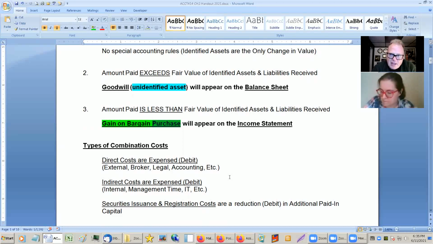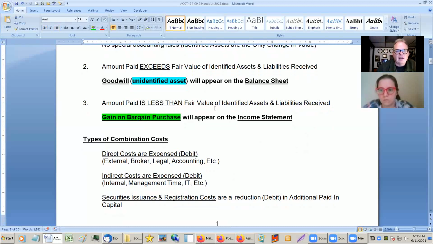But this is that on a purchase, you can recognize a gain. So for old folks like myself, this is like it would be a fraud if you recognize the gain on a purchase. Whereas nowadays, you have to, when the amount paid is less than identified assets.